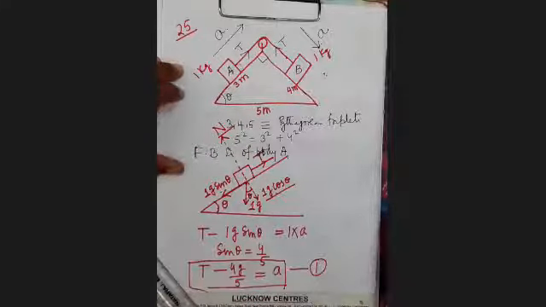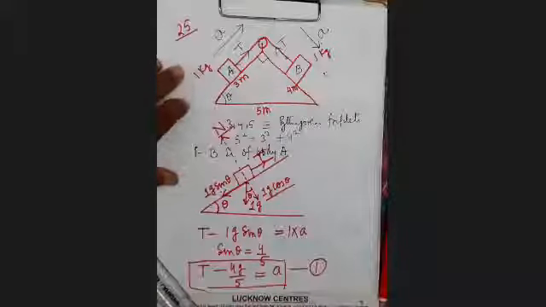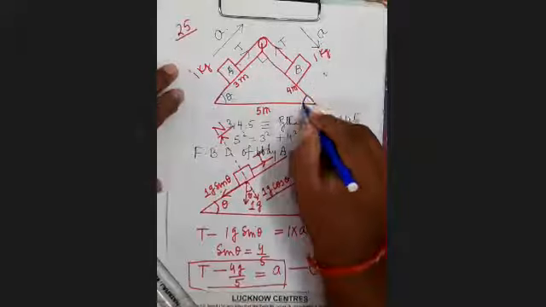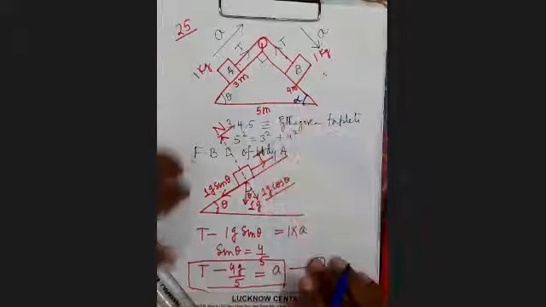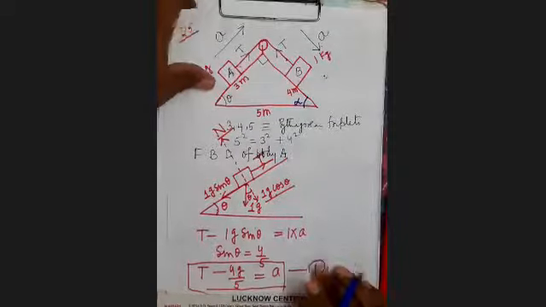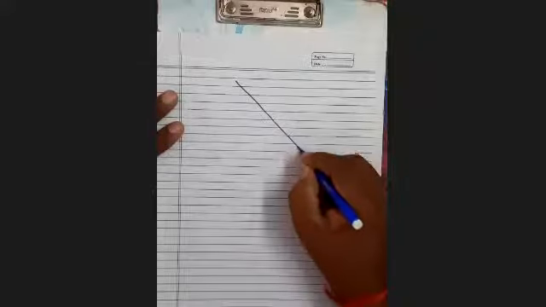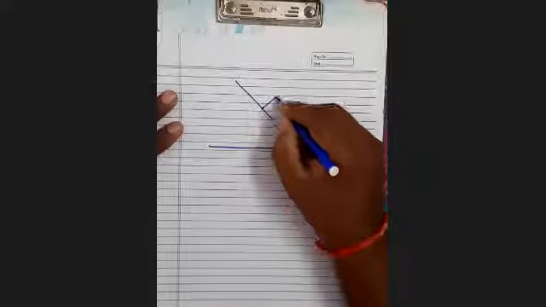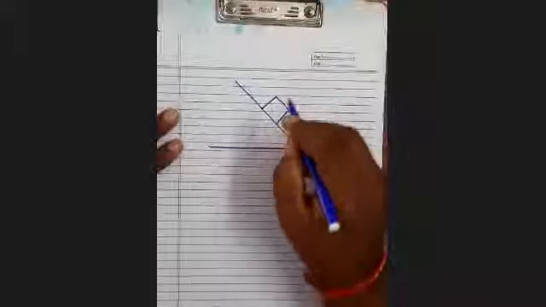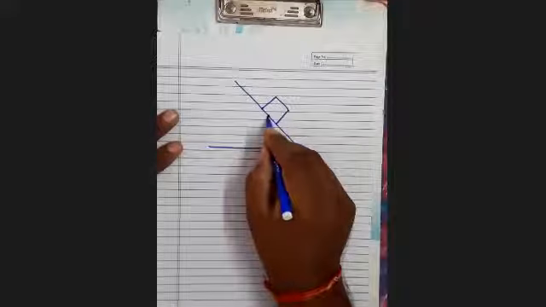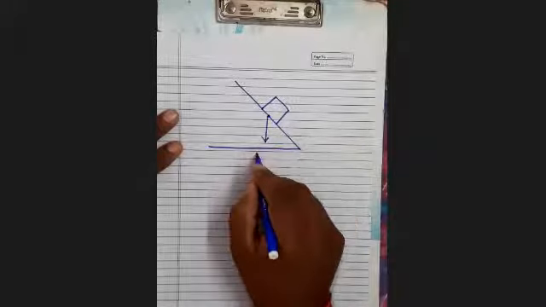Now for the other block, we will take this angle as alpha. Here its weight will act vertically downward.